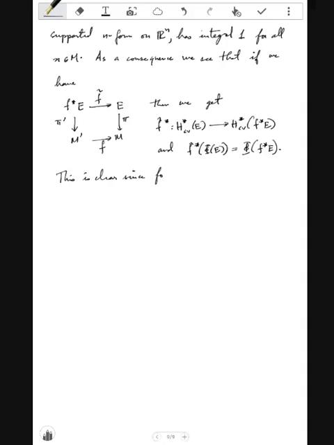Since for all x in M prime, we have F tilde upper star phi of E when we restrict it to pi inverse x is equal to 1. So this is a local check.